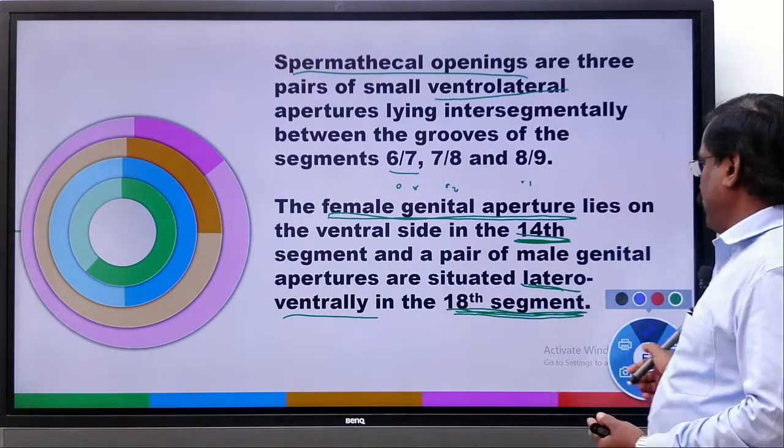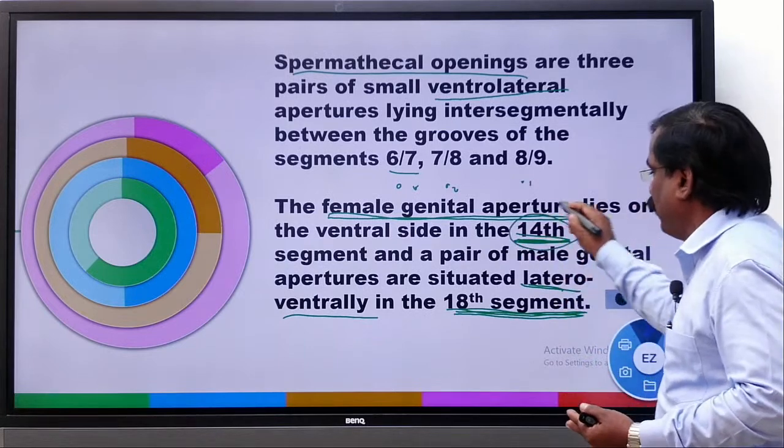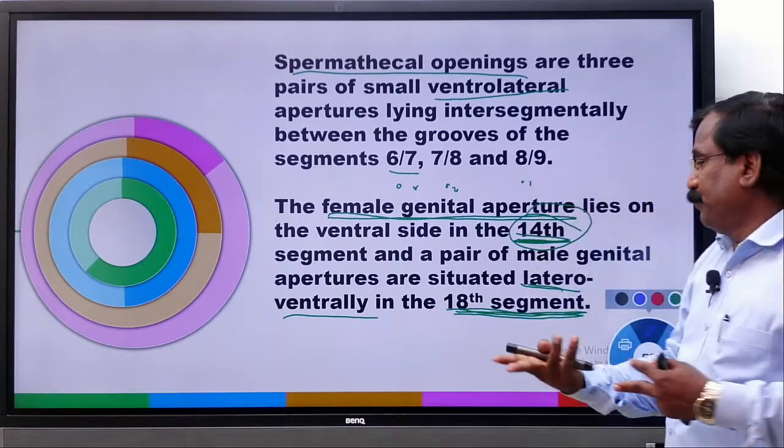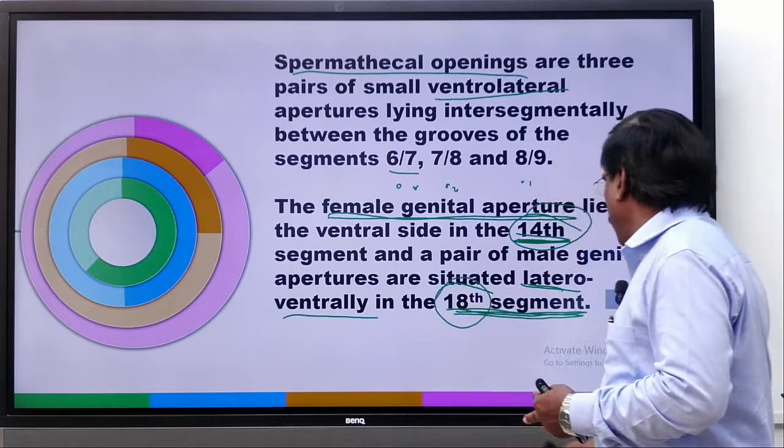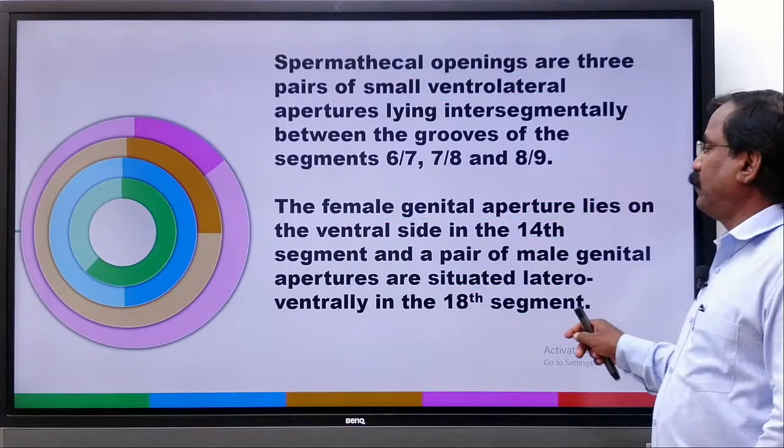That is the male genital aperture. Female genital aperture in the 14th segment, male genital aperture in the 18th segment.